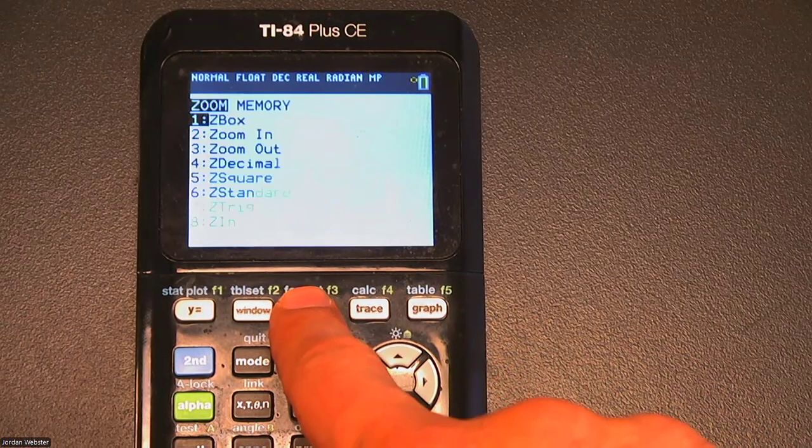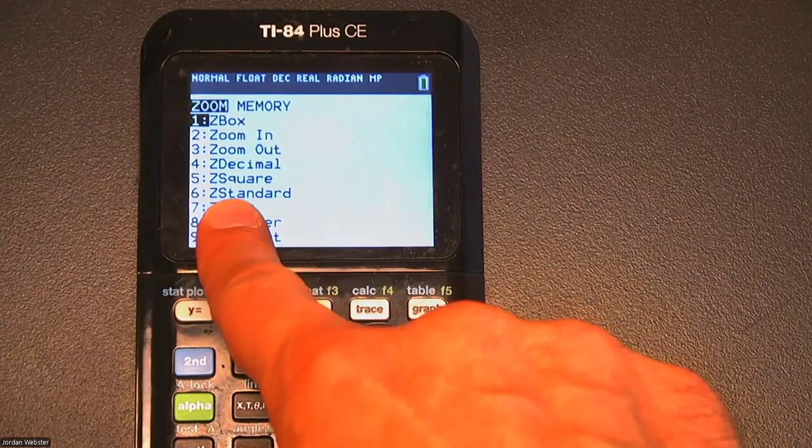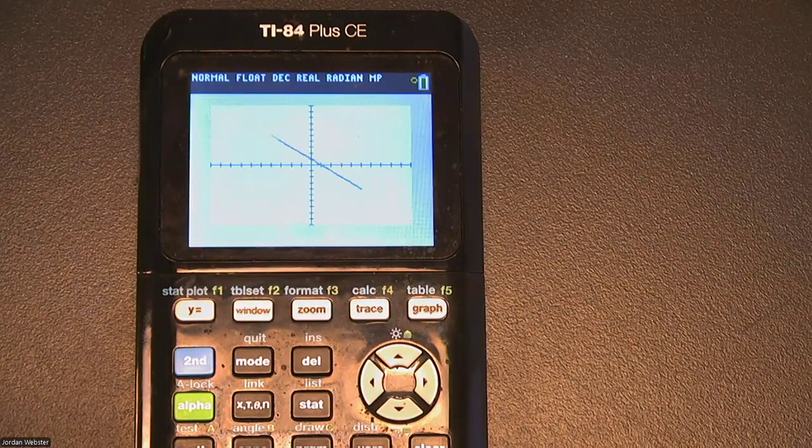If I go zoom, I'll do standard. You see we get kind of a partial line, right?